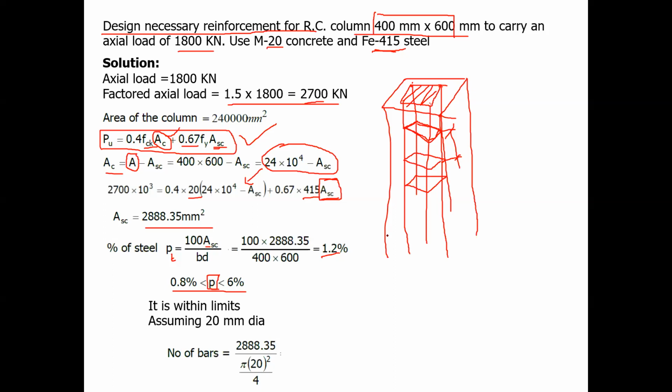Nine point one. So you can't keep nine numbers. Generally, we will prefer the even numbers. So here we are considering 10 numbers. Therefore, provide 10 bars of 20 mm dia.